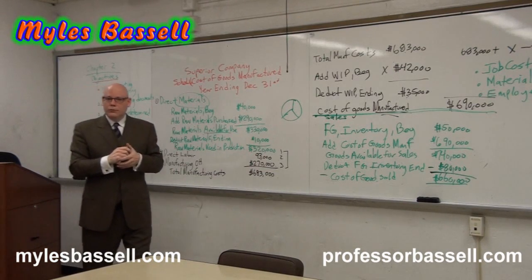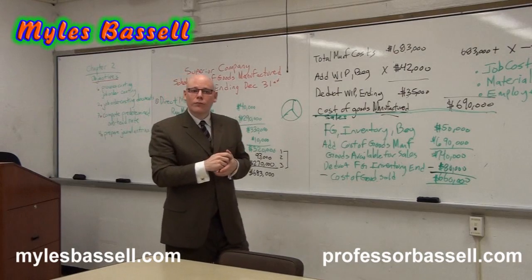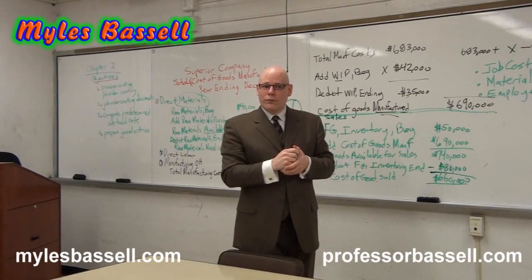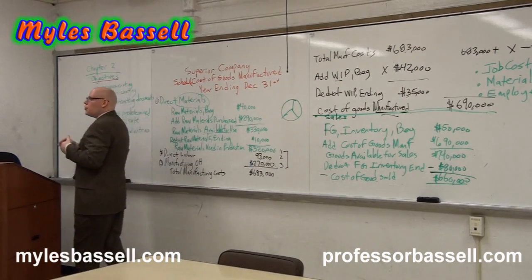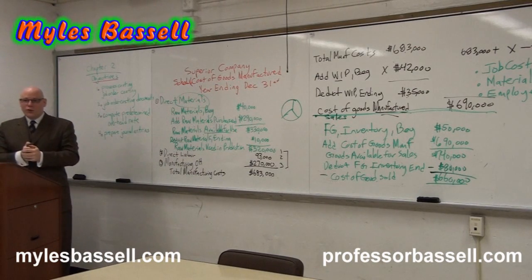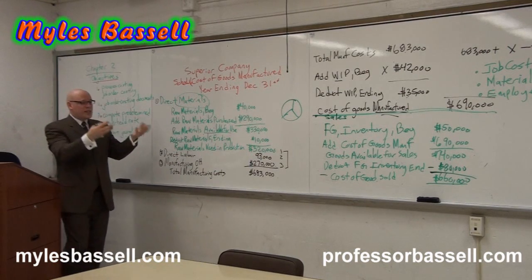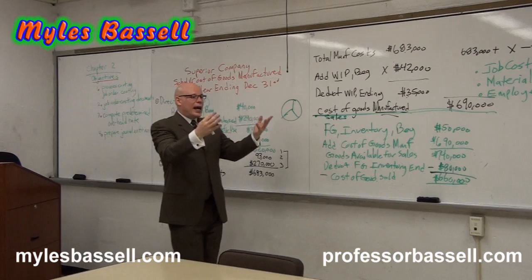It's the details of the custom order, which are going to include direct materials. So how much direct materials are used. So for example, it's going to specify how many ounces of plastic.